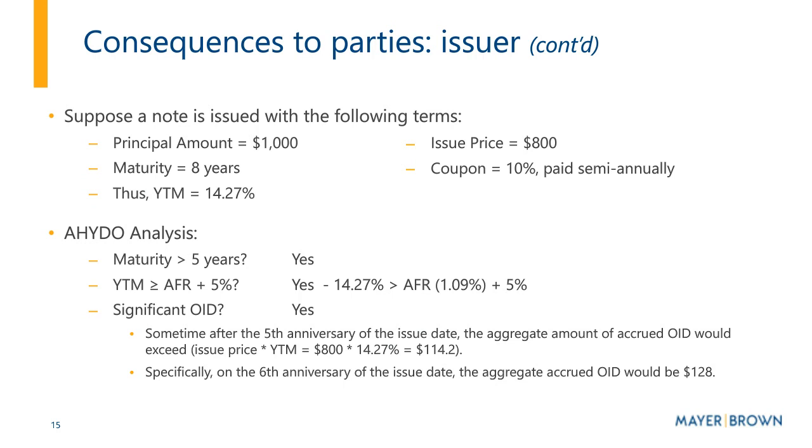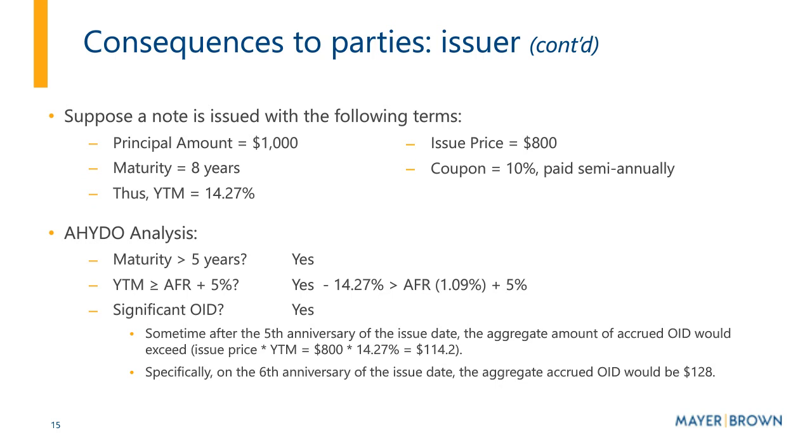So the question is, is that an AHYDO? The answer is yes, because it has a term of more than 5 years. The yield to maturity, 14%, exceeds the AFR, which is really low at the moment, around 1%. The AFR plus 5 is a little over 6%.